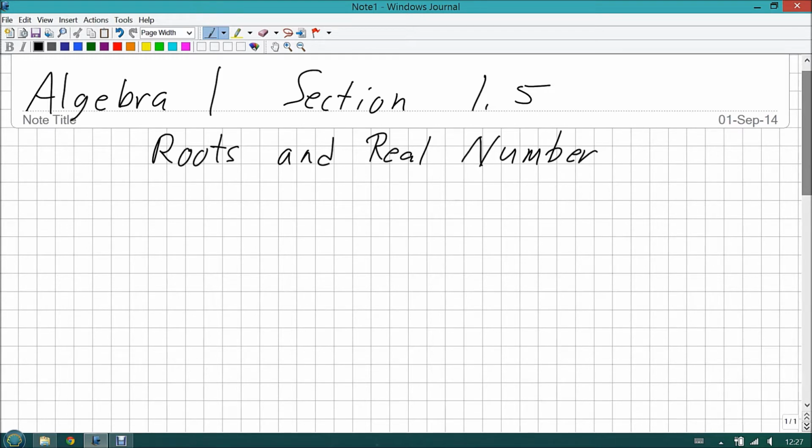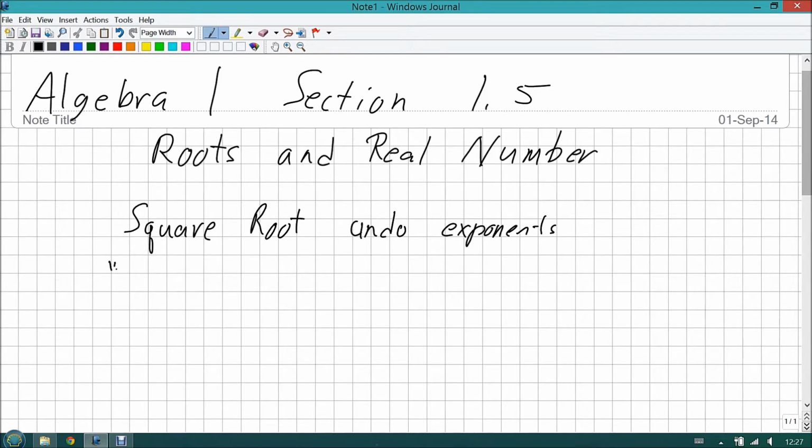Now, roots are really complicated. So what we're going to do is focus exclusively on the square root. Now the square root is what undoes an exponent, mainly the exponent called the square. So square roots undo exponents.